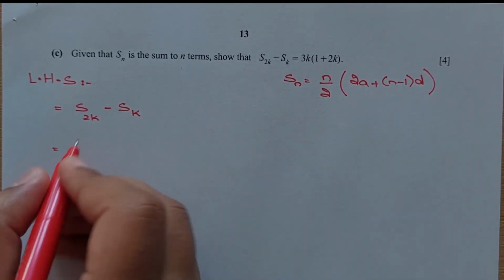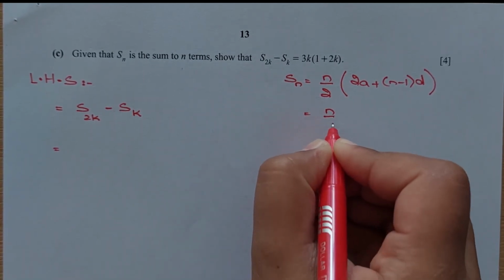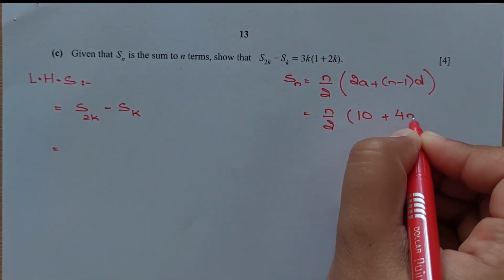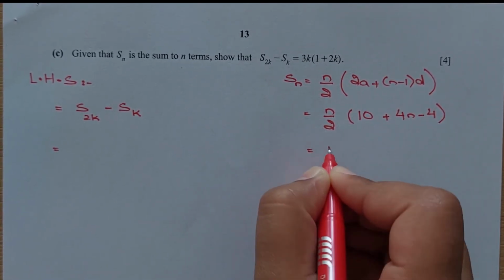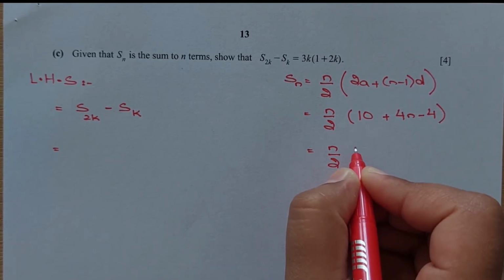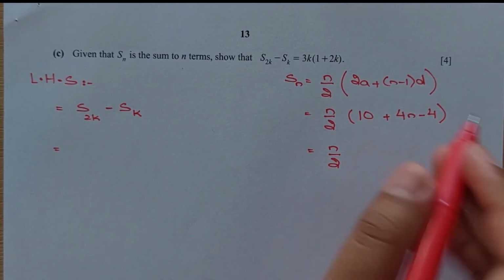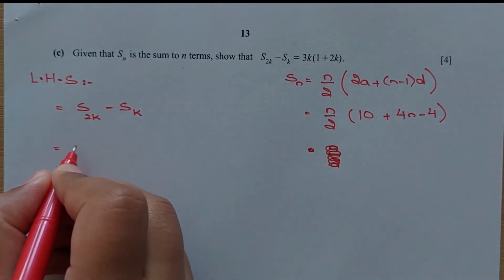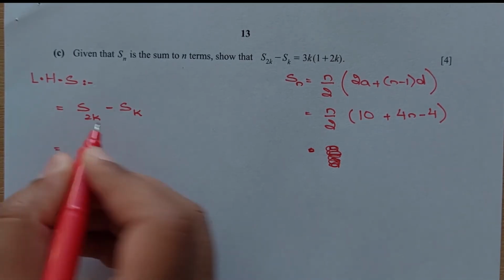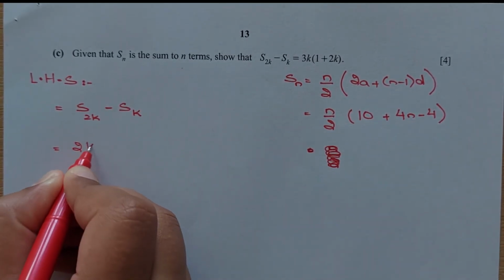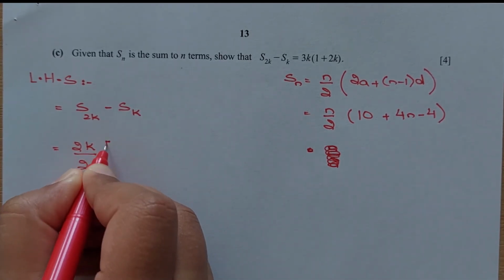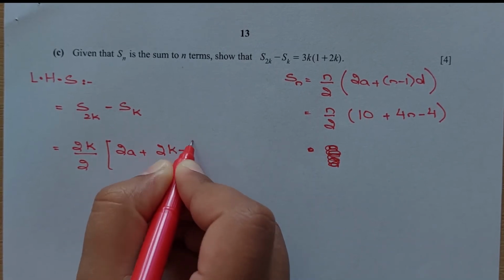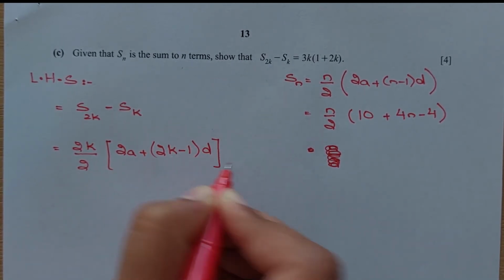So 2 times 5 is 10. So this is n by 2, 10 plus 4n minus 4. We have 2k, so n is 2k, so 2k divided by 2 into 2a plus 2k minus 1 times d, right?